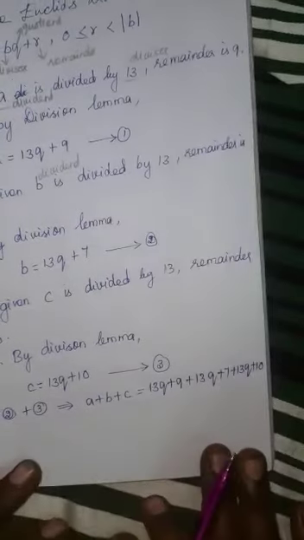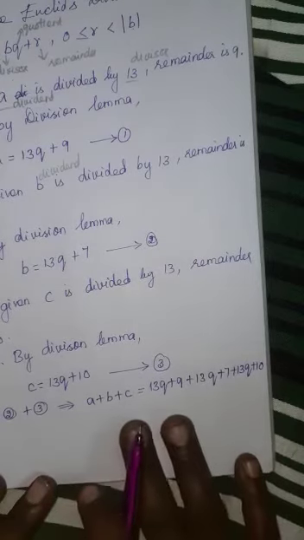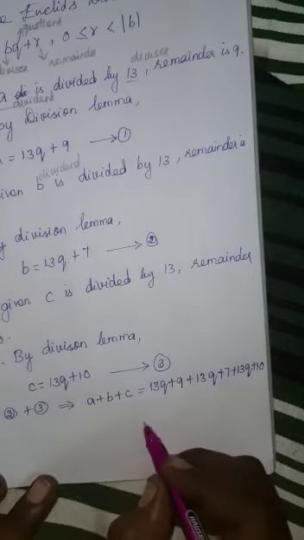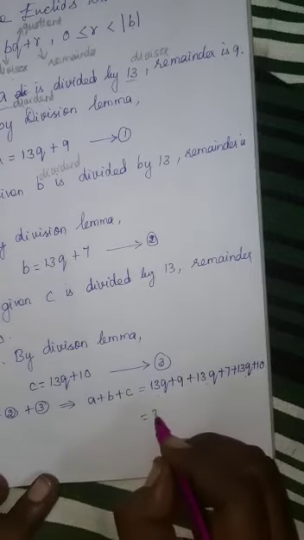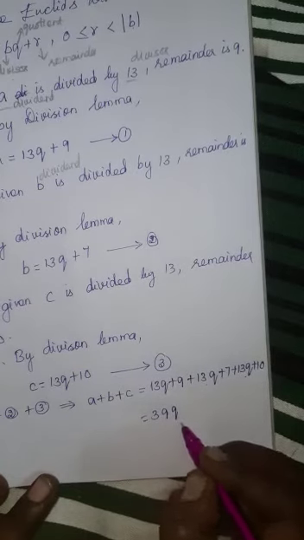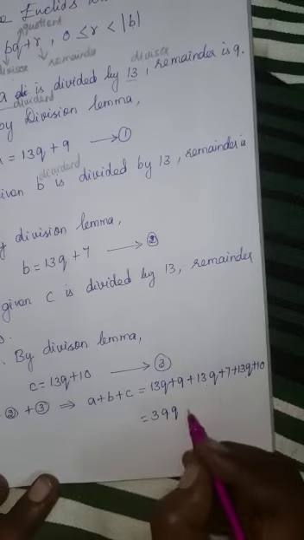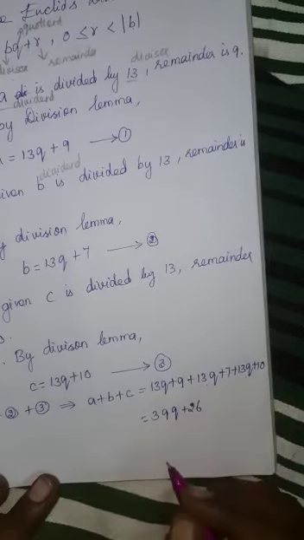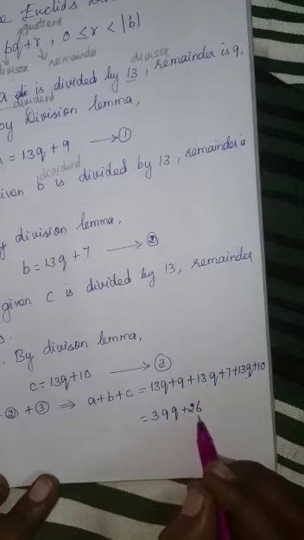If you have any subtraction or negative, you have to put brackets, but here there is no negative sign, so easily you can do the calculation. Now 13q plus 13q plus 13q is 39q. Then 9 plus 7 is 16, plus 10 is 26. So 39q plus 26.